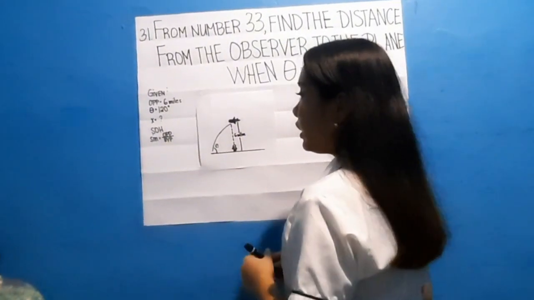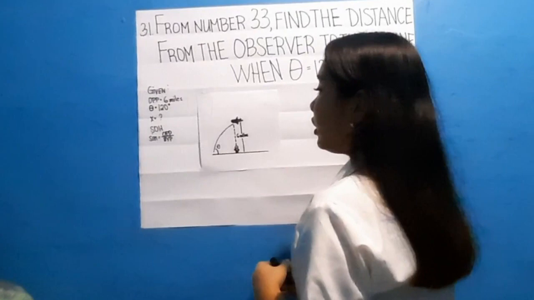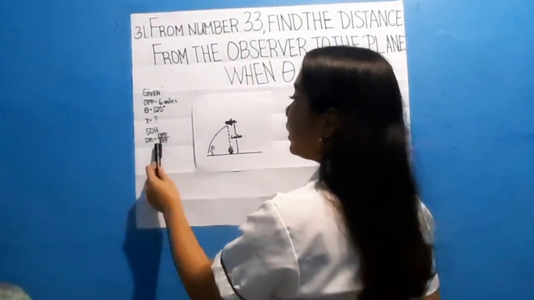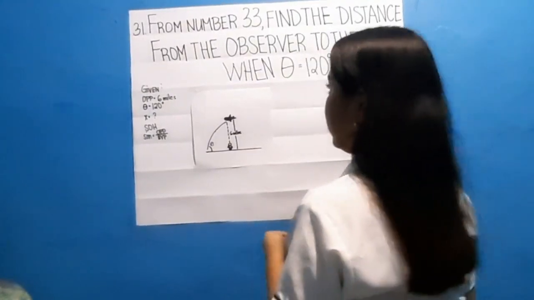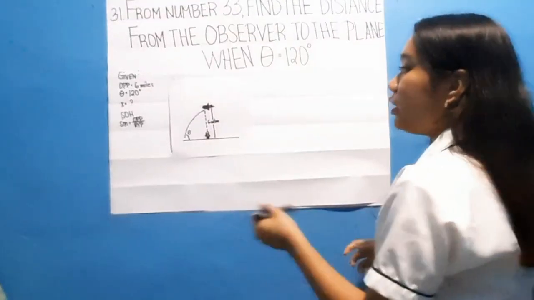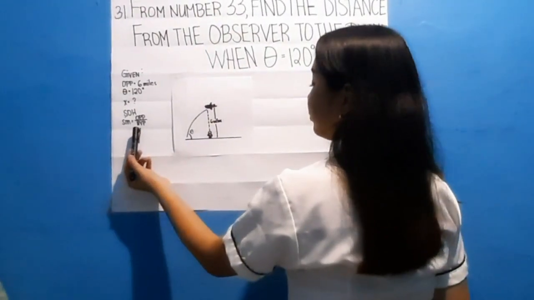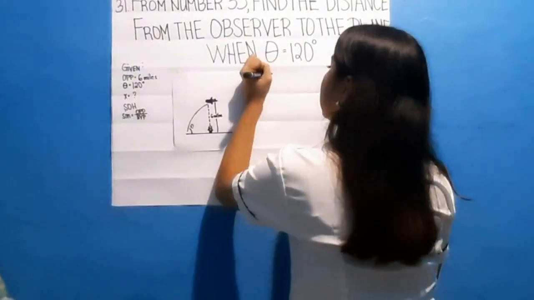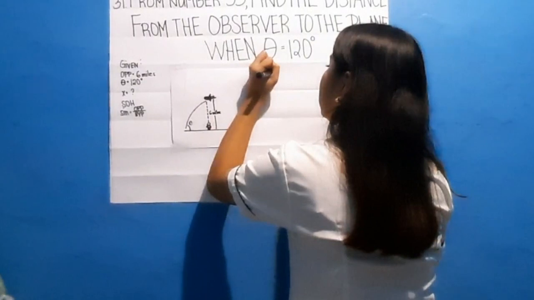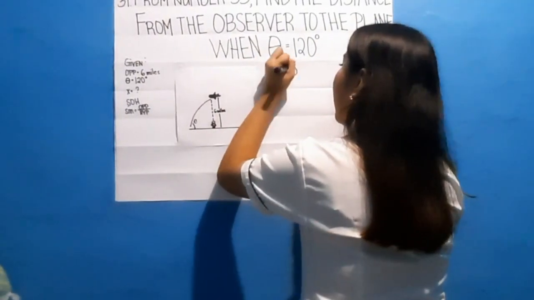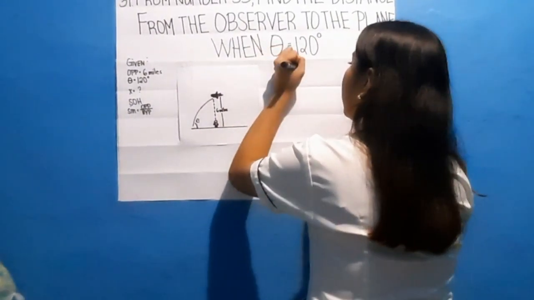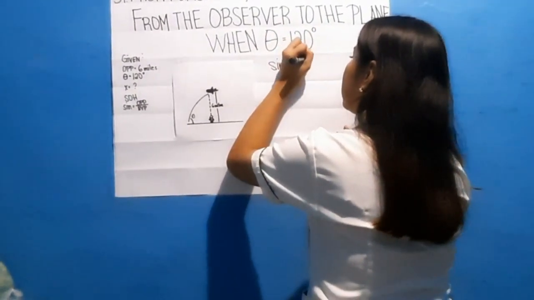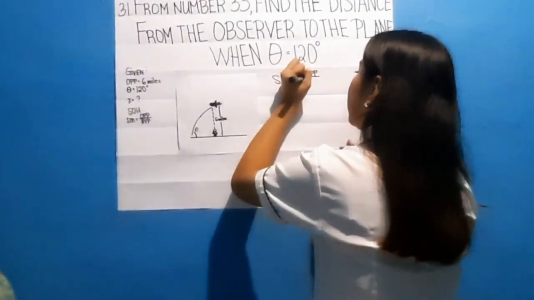So, we will use the trigonometric function SOH, which is sine equals opposite over hypotenuse. So, we will use this formula, which is sine theta equals opposite over hypotenuse.